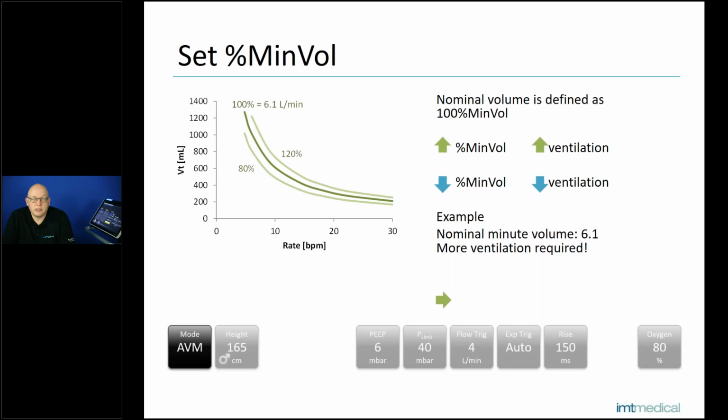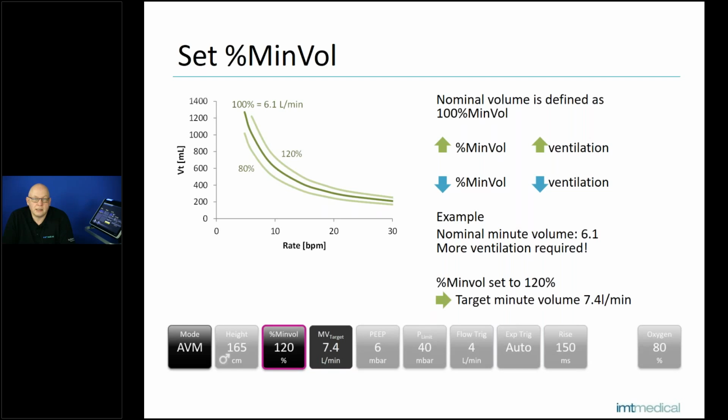And now we see we have our 6.1 liter patient, and I set this minute volume to 120%, and this means he's not getting 6.1 liters anymore, now he's getting 7.4 liters. And all will change, the protection window will change, the respiratory rate probably, or the tidal volume will change.